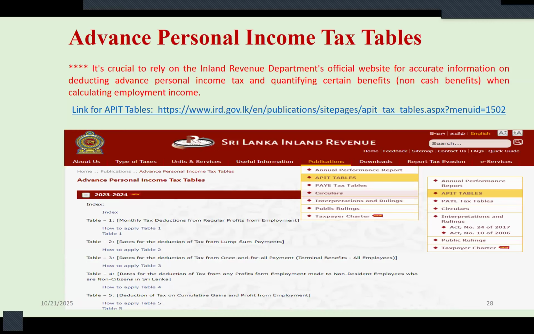So when an employer is deducting advanced personal income tax, he cannot calculate each employee's tax liability one by one. It is very difficult. There may be a lot of employees, sometimes thousands, sometimes more than 1,000 employees. So when they are deducting tax from their employment income, it is not an easy thing.